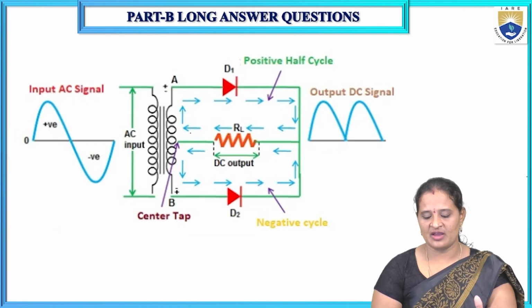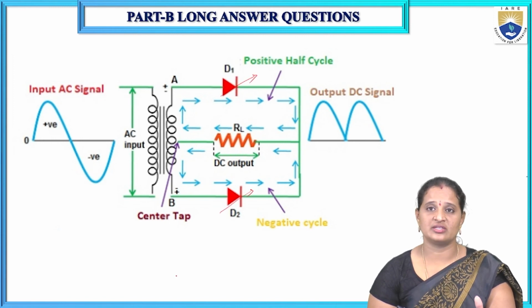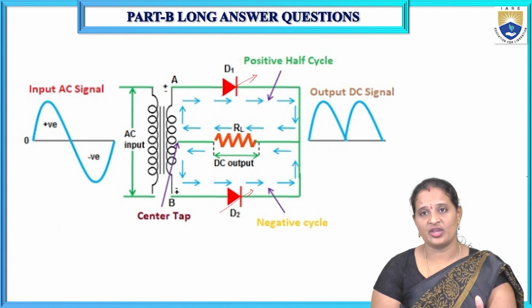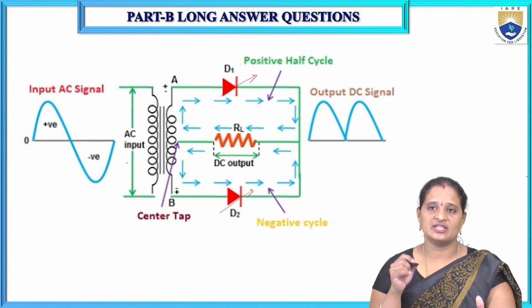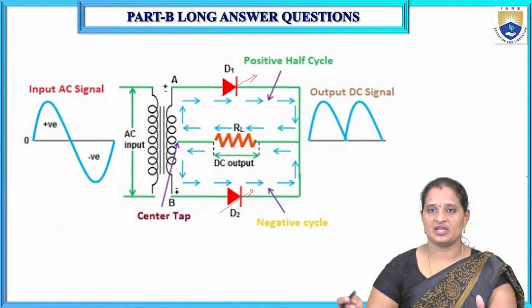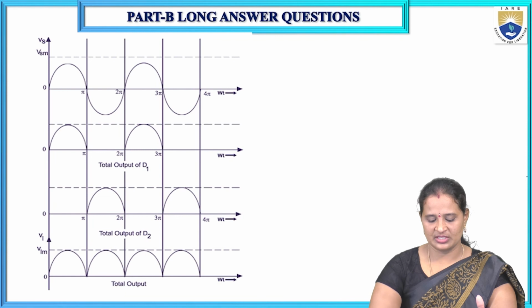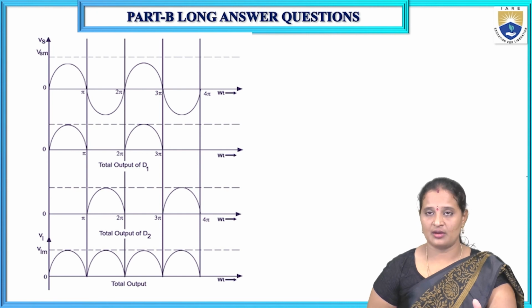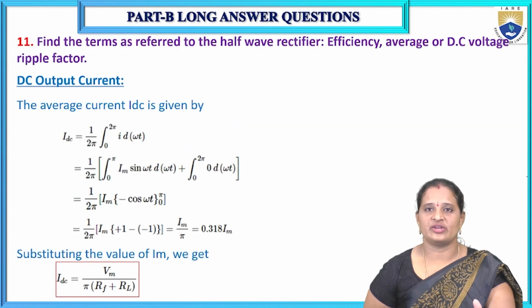During the positive half cycle, this diode gets forward biased. During the negative half cycle, this diode gets forward biased. In both cases, the current flows in the load resistor in the same direction. So that is why we will be getting only positive half cycles of output voltage. Just give the output waveforms for the full wave rectifier like this, and that is the way of answering that question.